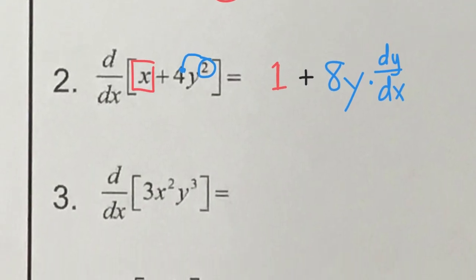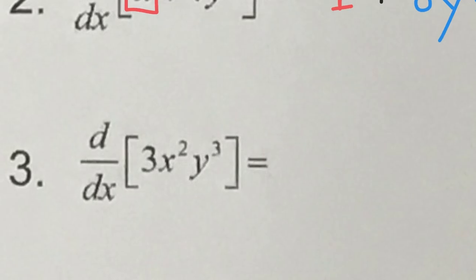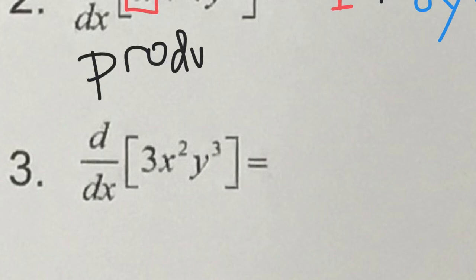All right, number 3. Okay, what type of rule are we going to use here on number 3? This is a product rule derivative. Excellent job, you guys. Product rule. So this is, in essence, x squared. So let's do this. Whenever we have a constant, pull the constant out and just take the derivative of your variables, your x squared times y cubed.